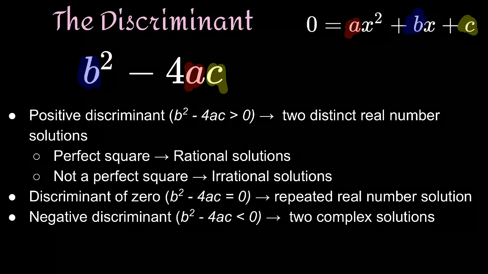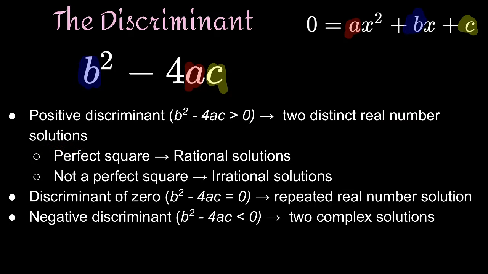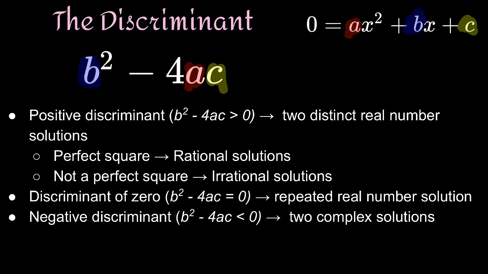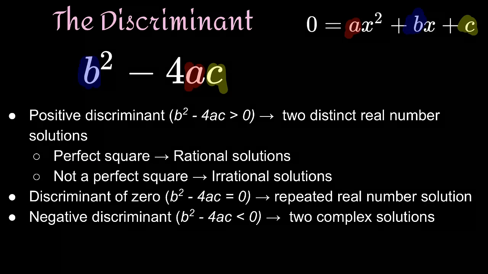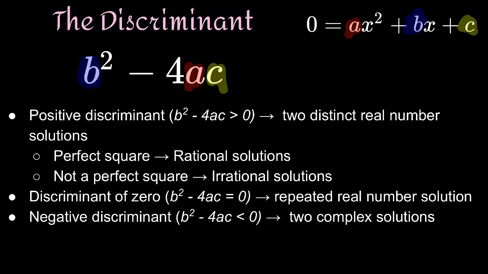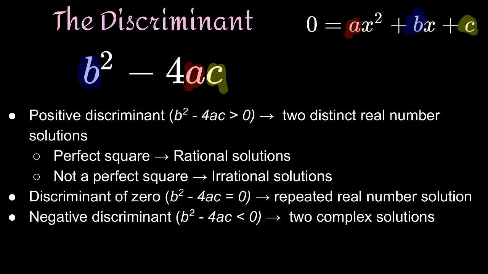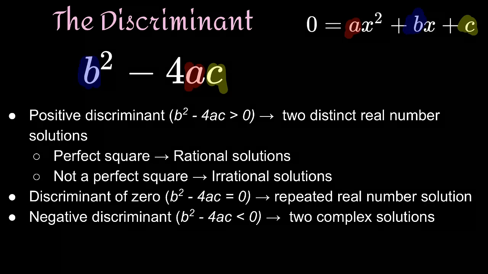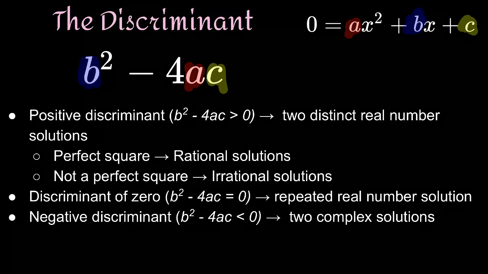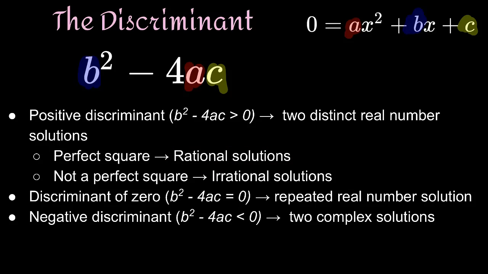If it's a perfect square, so 1, because 1 squared is 1, 2 squared is 4, 3 squared is 9, 4 squared is 16, if it's any of those perfect squares, then the answer to our quadratic formula will be rational solutions.